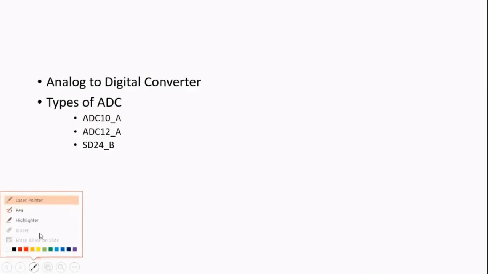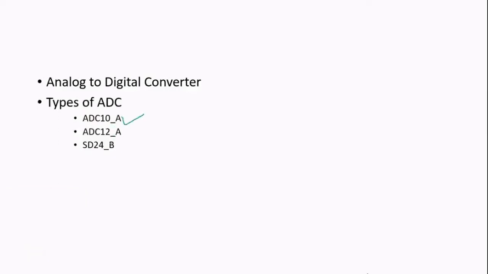ADC10 and ADC12 are both successive approximation analog to digital converters. The ADC10 is 10 bit and ADC12 is 12 bit. Now SD24B is a sigma delta converter, which is 24 bit.